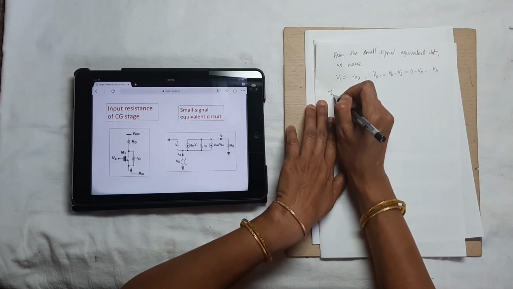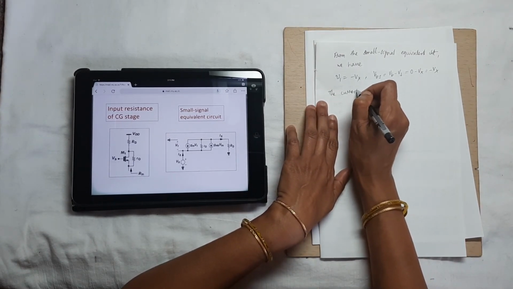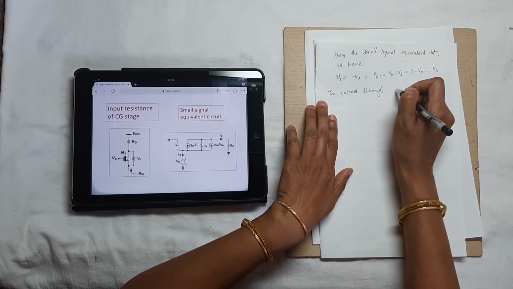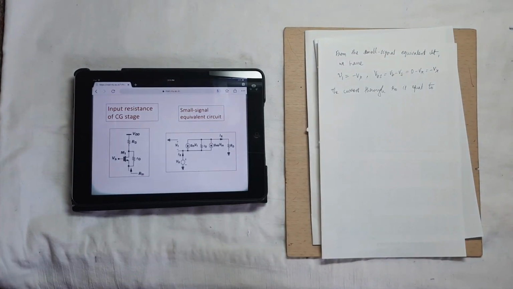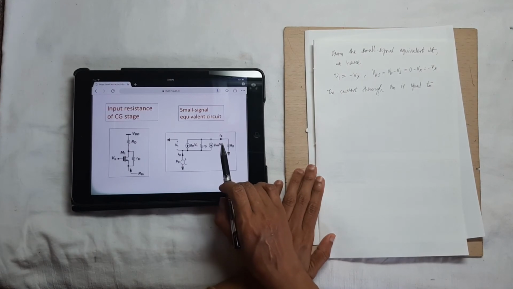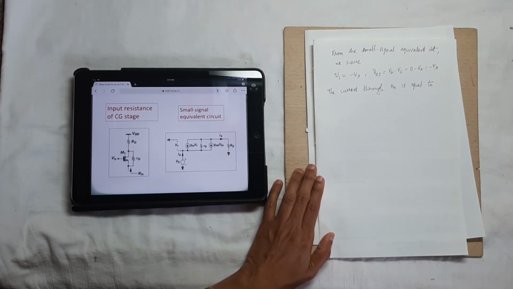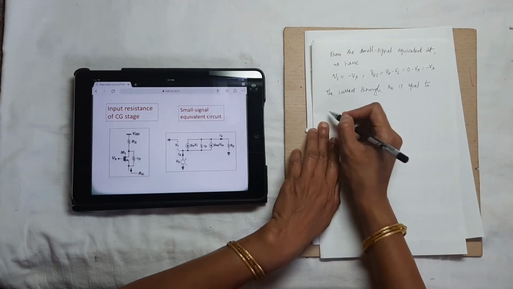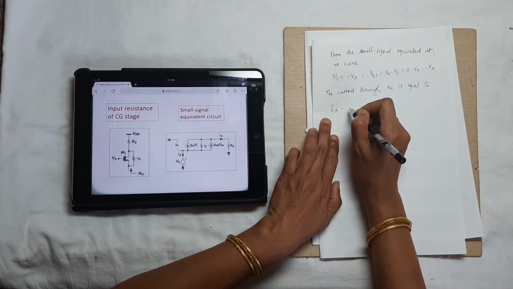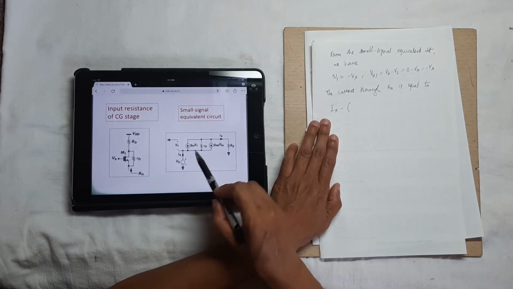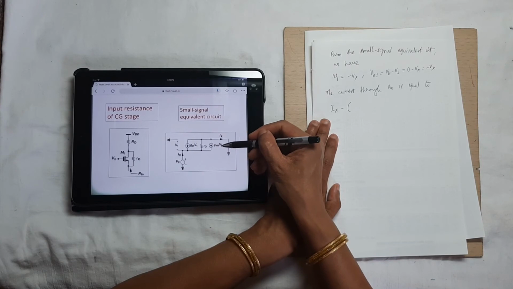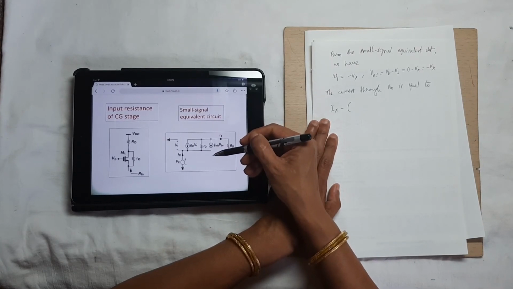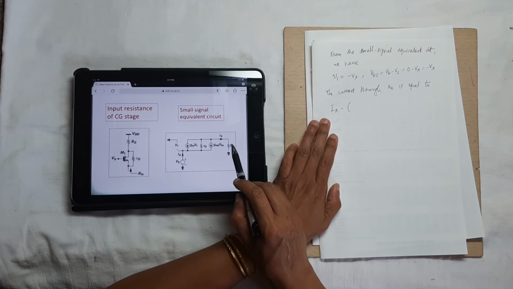Now, the current through RO: what is the current through RO? The total current Ix minus these two currents will give you the current through RO. The gm V1 current direction is downwards. Similarly, for gmb VBS the direction is downwards, but the flow of the current Ix is upwards.